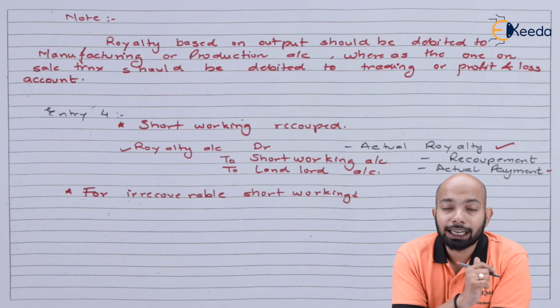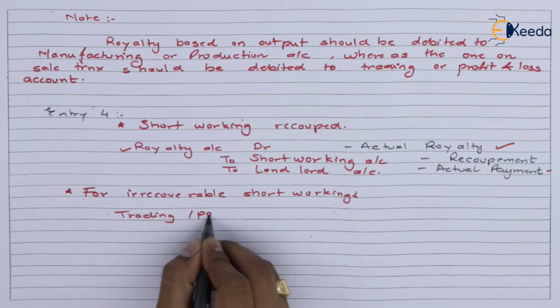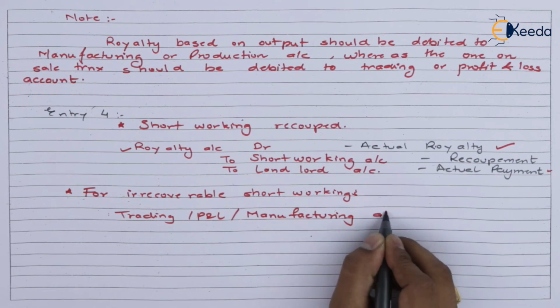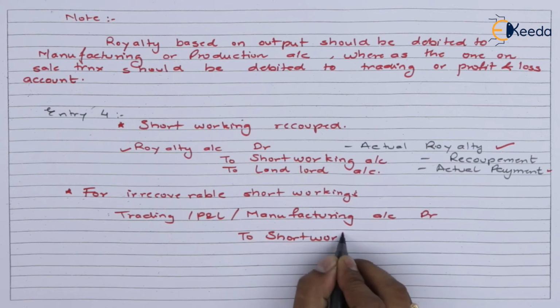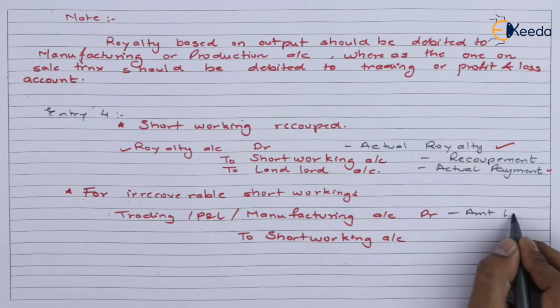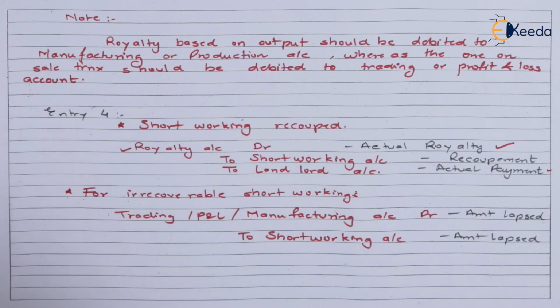So that is the entry that will be there. The amount that will be mentioned here is the amount lapsed. That means whatever amount is irrecoverable will be mentioned here.